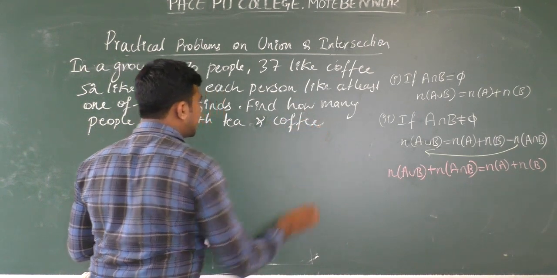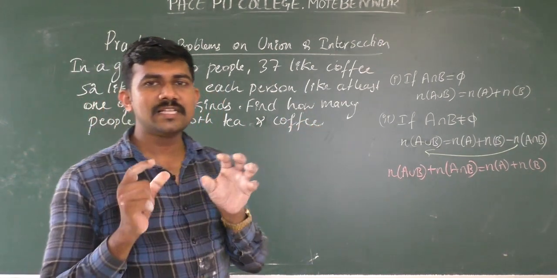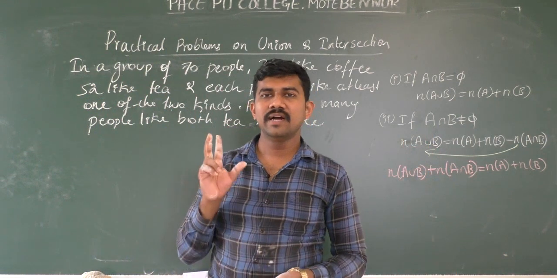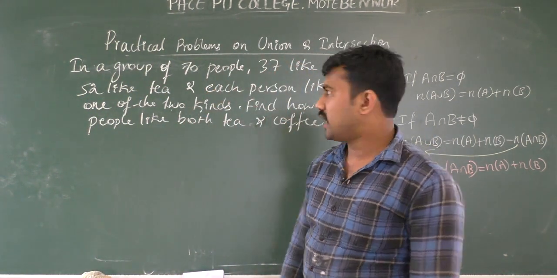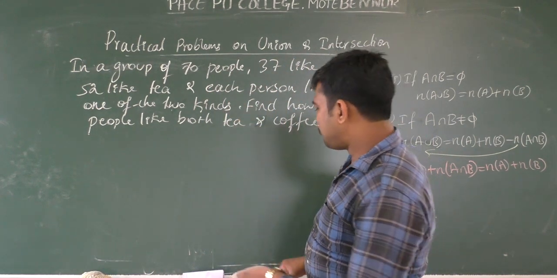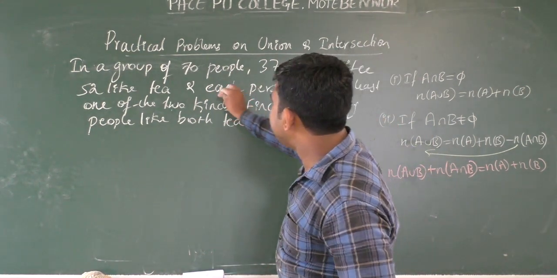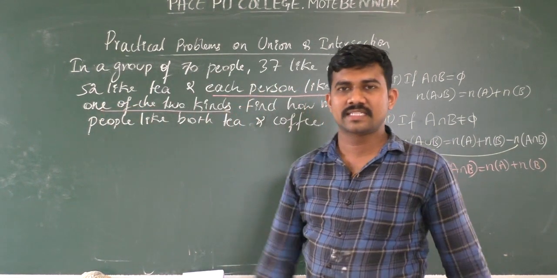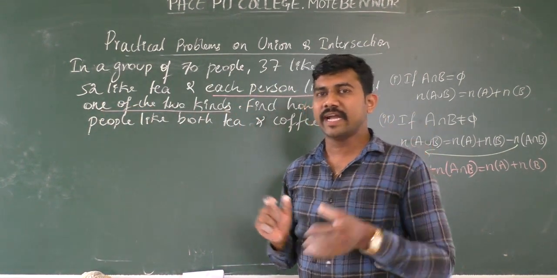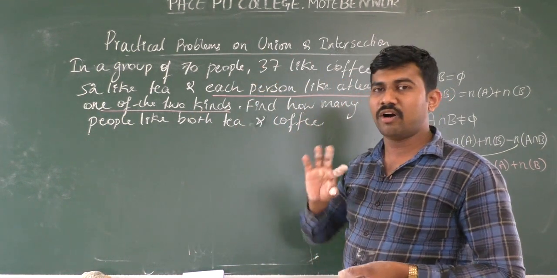Here again the data is given. In place of A and B, you have two drinks here, coffee and tea. Now, each person is a very important phrase. Each person likes at least one of two drinks, meaning everyone will drink either tea or coffee or both.